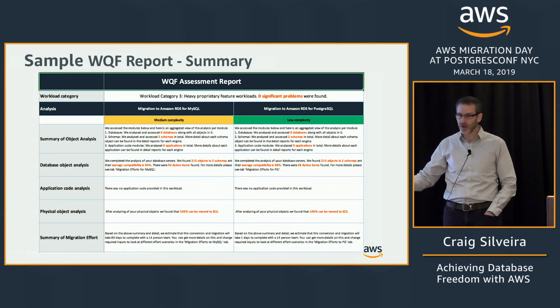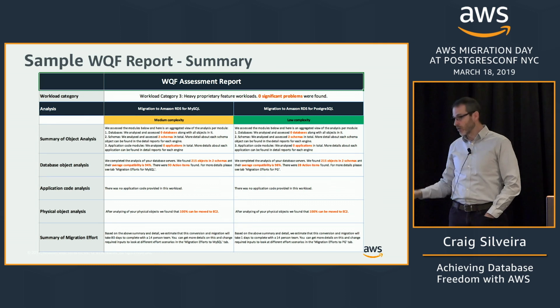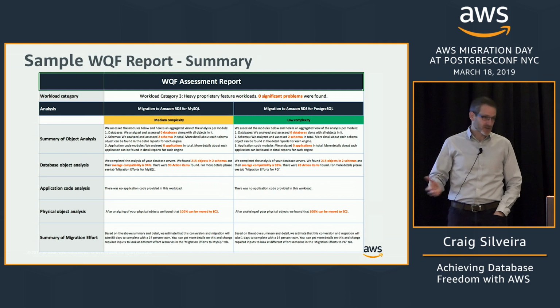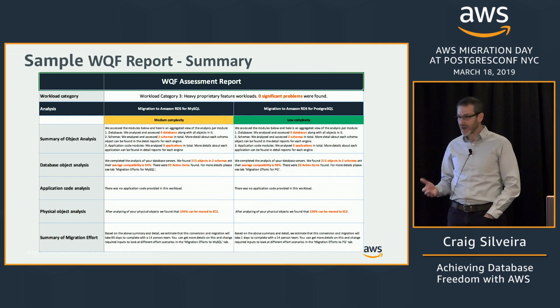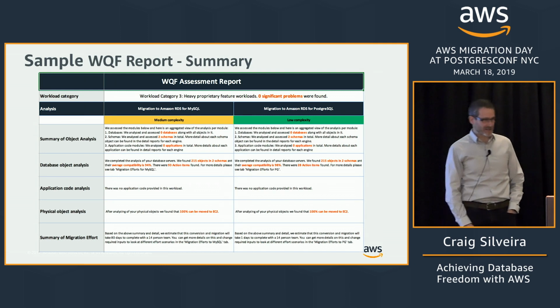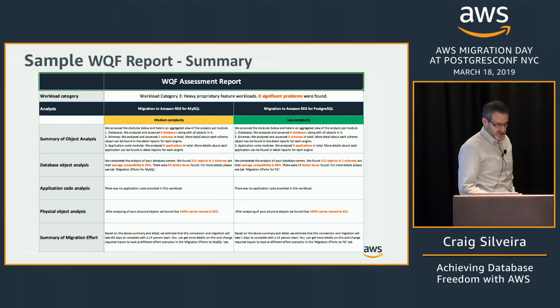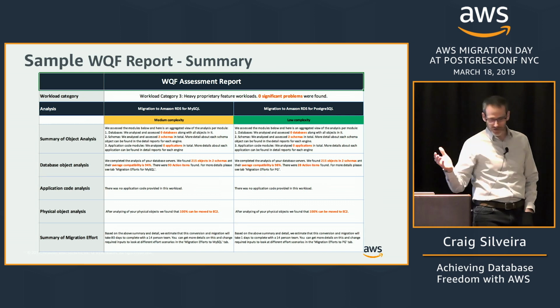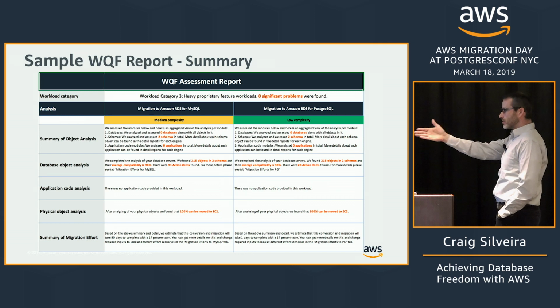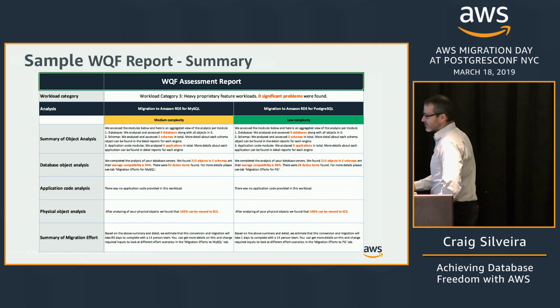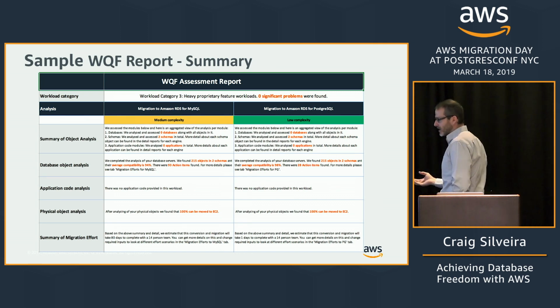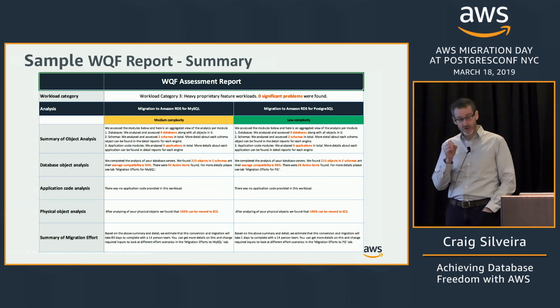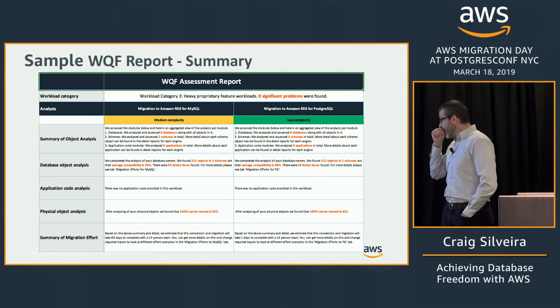The same results apply to Aurora MySQL, Aurora Postgres, because Postgres, whether it's Aurora or RDS, is 100% compatible between them. We've kept them API compatible, so the DDLs and the stored procedure logic, everything is identical, so the results carry over. We're showing you the results of, we scanned your source database and we're estimating what the effort is going to be moving to either MySQL or Postgres.